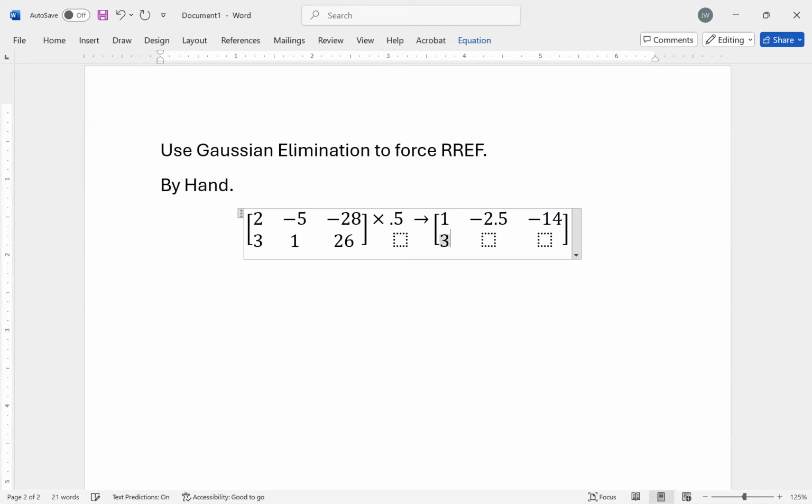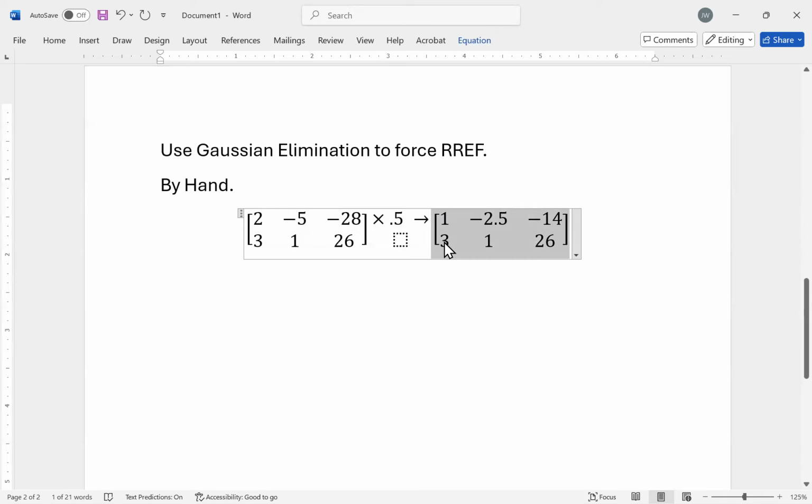My second row does not change. It's going to be exactly equal to what it used to be. So that's step 1.